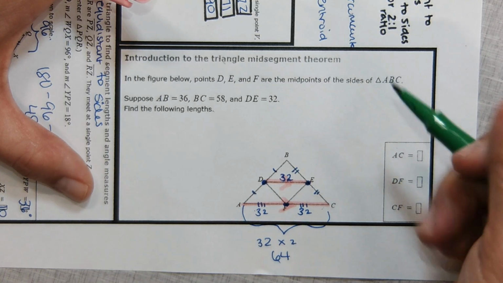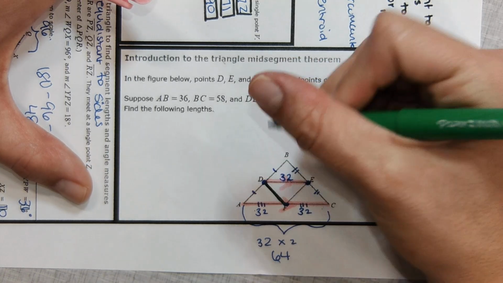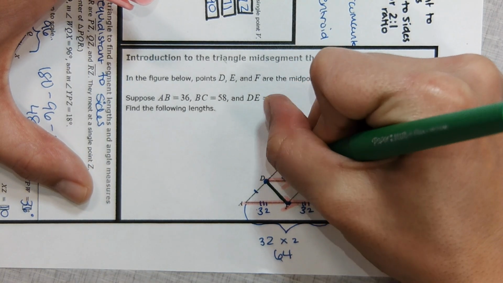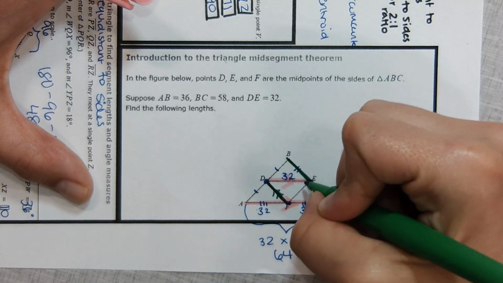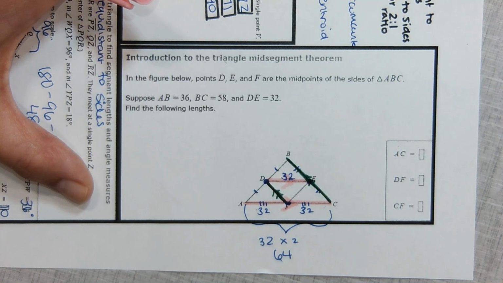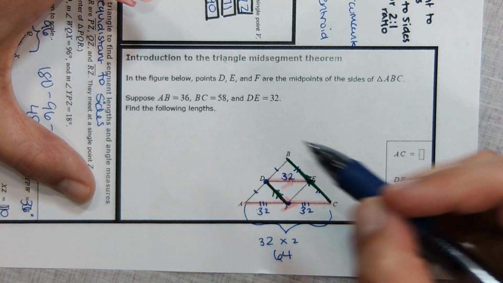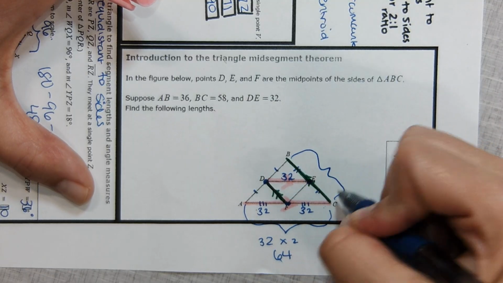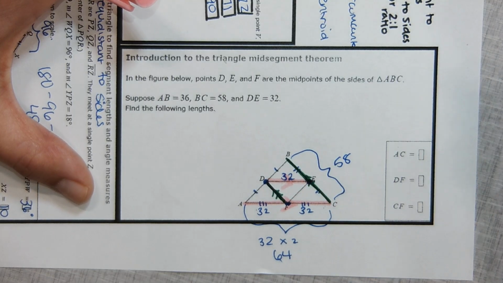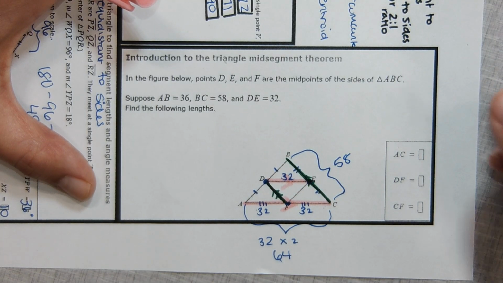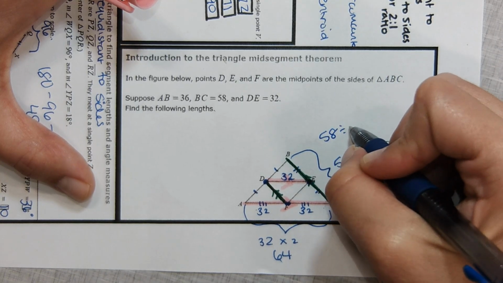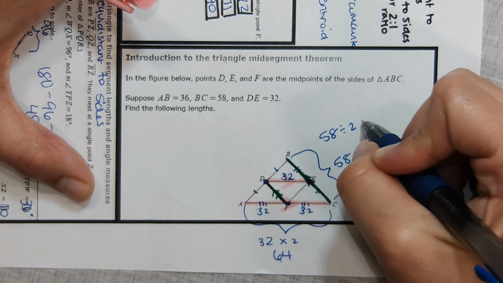And then that applies to these two. So this here is a midsegment that corresponds with this. So like this is parallel to this. And then it says BC is 58. 58 divided by 2 is 29.